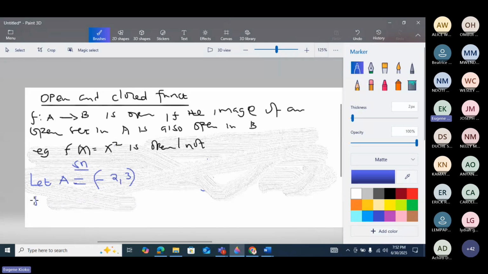Therefore f(A) is going to be A squared, because we are told it is squared, which is going to give me (-2, 3) squared, which is going to give me, yes, what is the answer there? 49. So the answer is 49 before we mark.